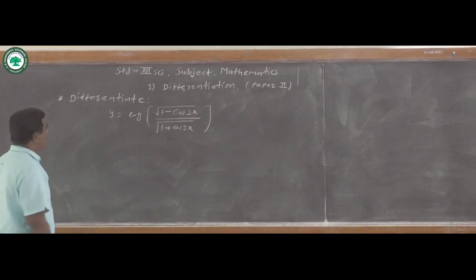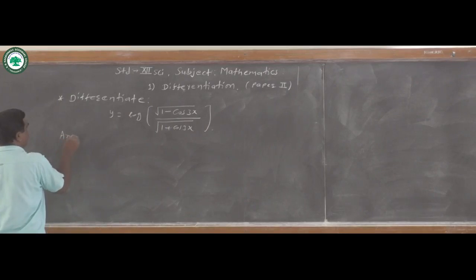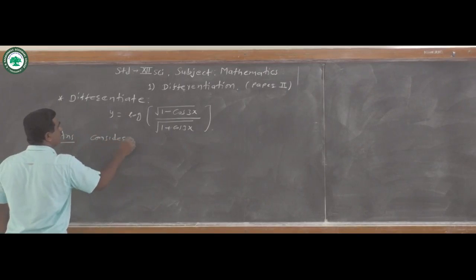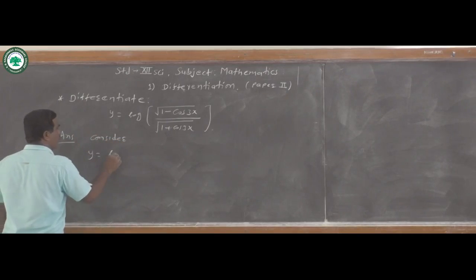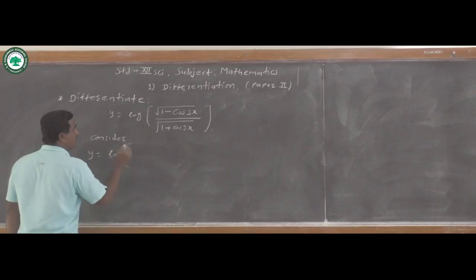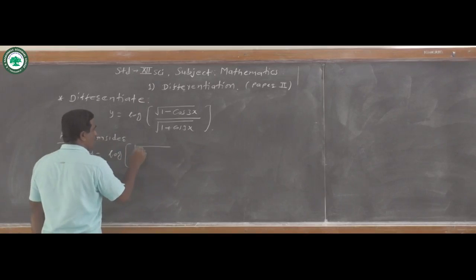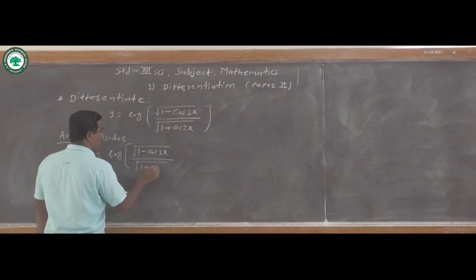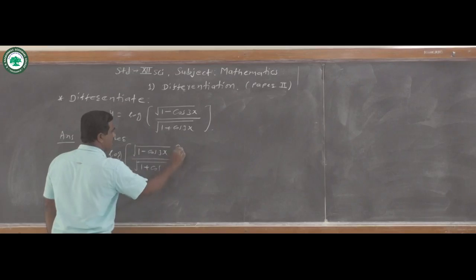Now the answer for this. Consider y is equal to log of, in bracket, under root 1 minus cos 3x upon under root 1 plus cos 3x.